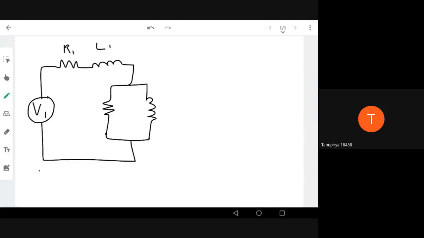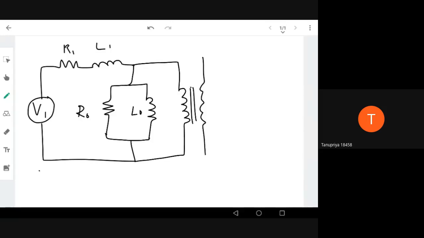Okay, now we have the winding of the transformer. This is R0, this is L0. And now we have a core. Now we have the secondary winding, the inductor L2.